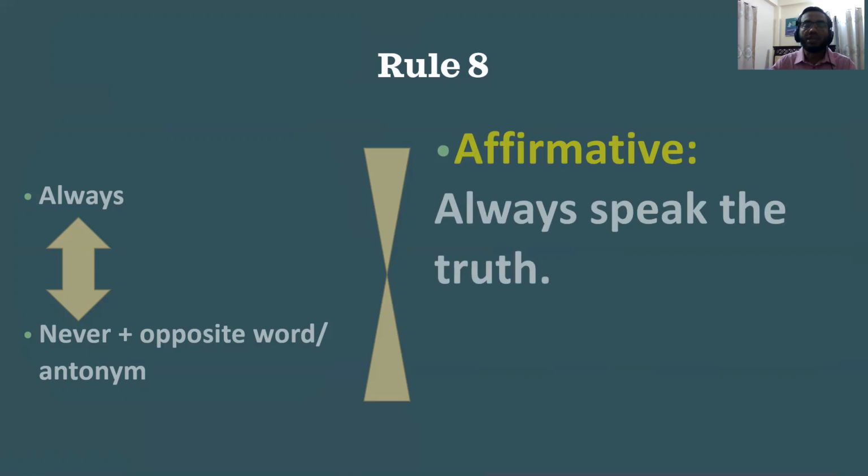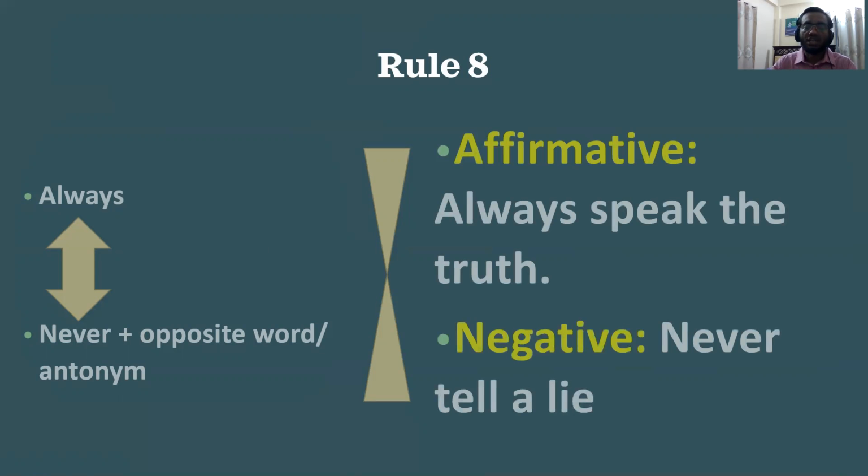Affirmative: always speak the truth. What will be the negative form? Look and see. Negative: never tell a lie. This is very easy. So whenever you see "always" in the affirmative sentence, you have to change it using "never" plus opposite word or antonym. Okay. Can you understand?